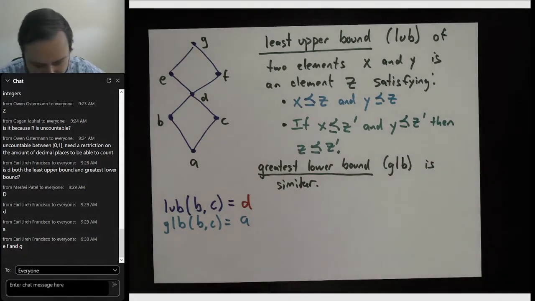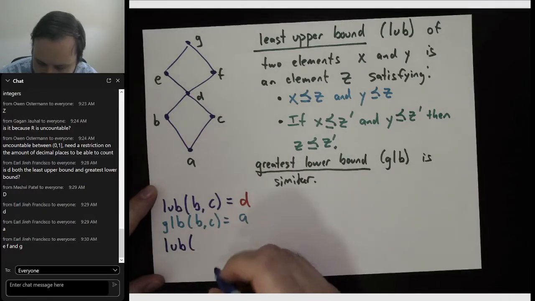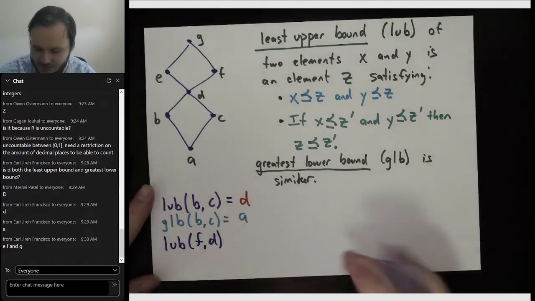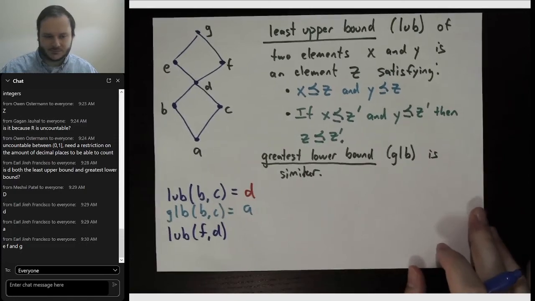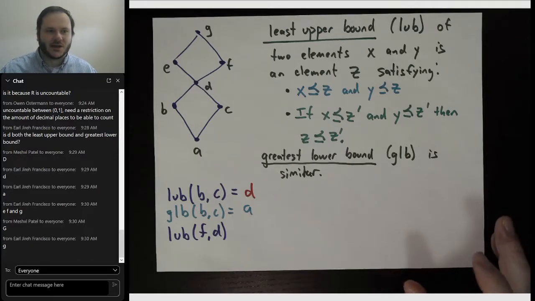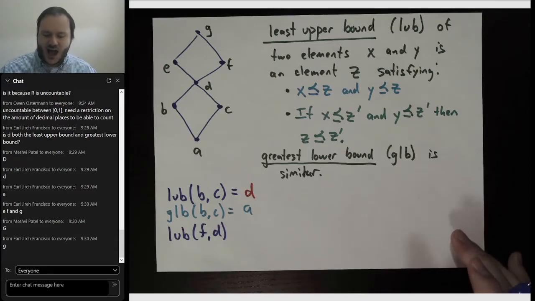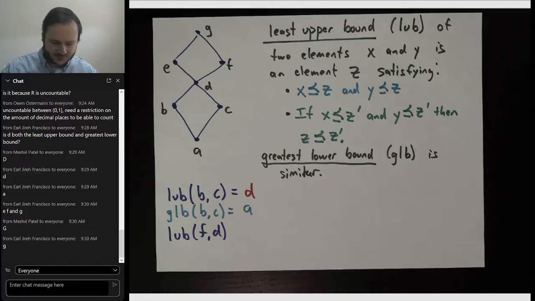Okay, here's another question. What is the least upper bound of F and D? I fooled you. This is why we do practice during lecture. The answer is not G. I'll give you that hint.